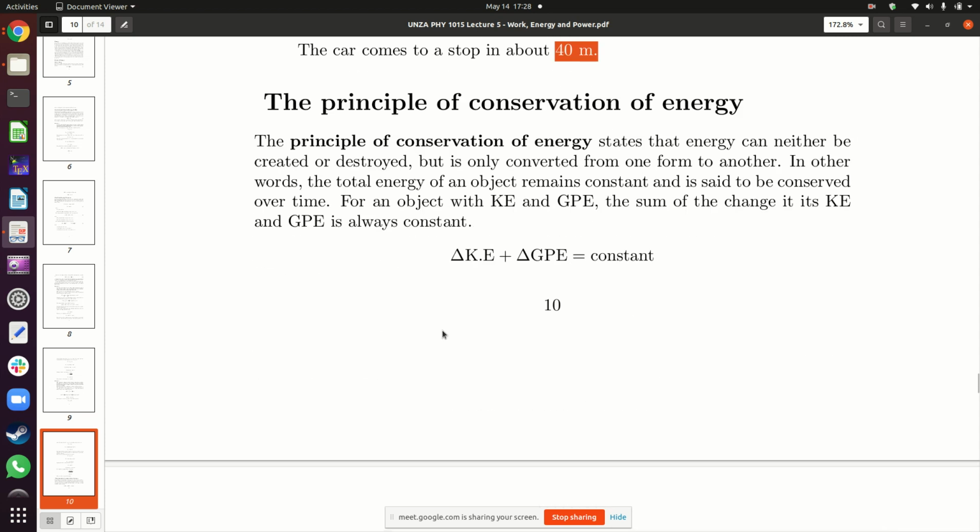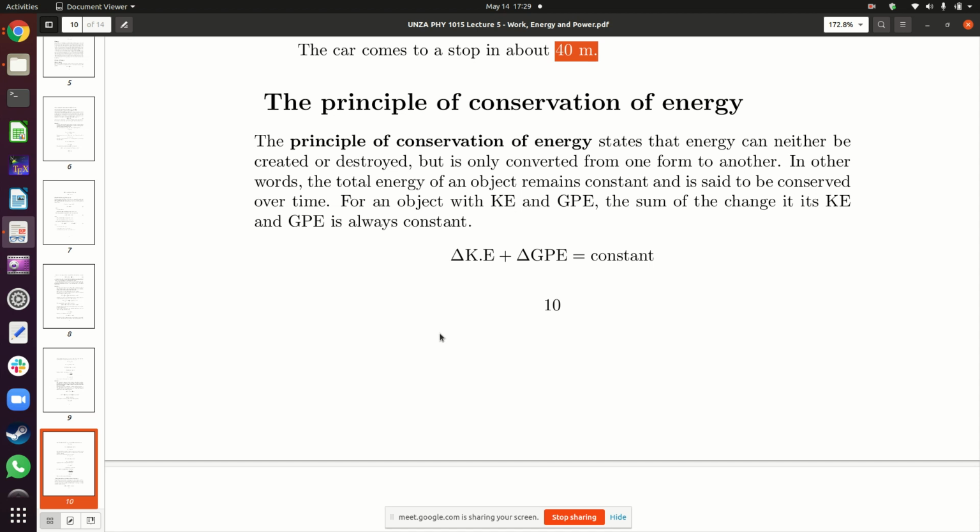Then next we come to the principle of conservation of energy. Now in the principle of conservation of energy, the change in gravitational potential energy is not equal to 0. So in this case, we are allowing the height of the object to change.